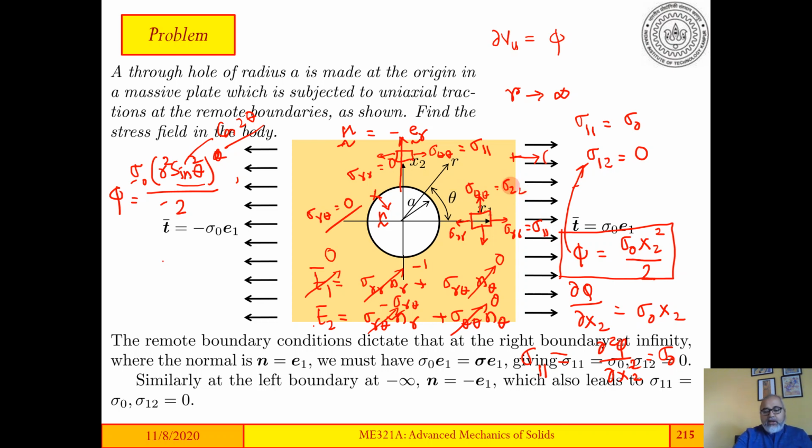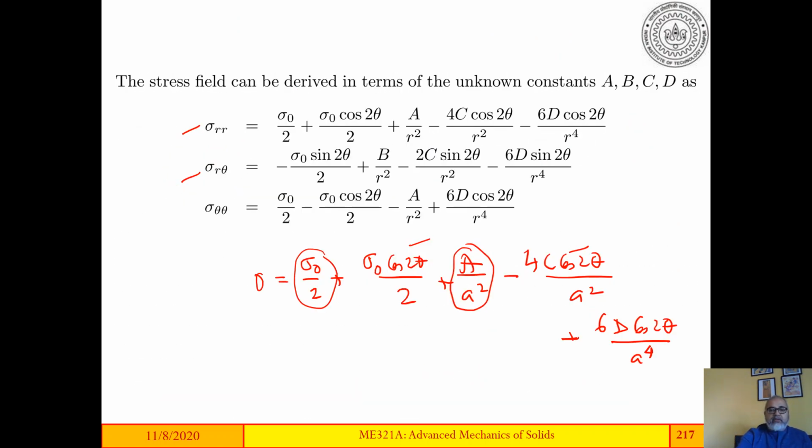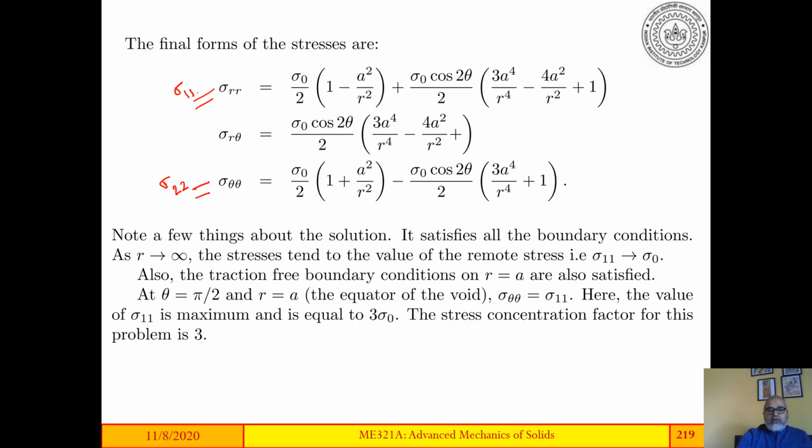So now what we see from the solution is that as R tends to infinity, the remote stresses do converge to sigma 1 1 tending to sigma naught. At theta equal to pi by 2 and r equal to a, sigma theta theta is equal to sigma 1 1, as I just showed.